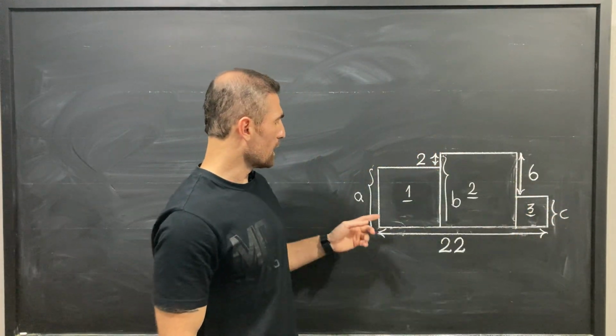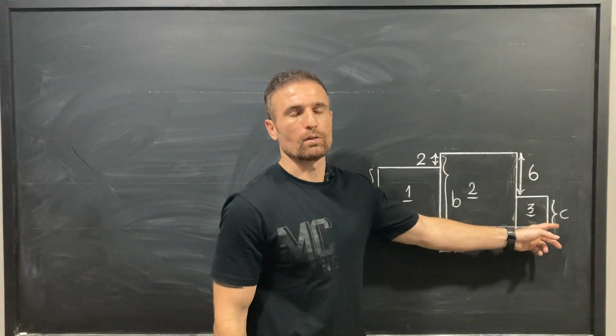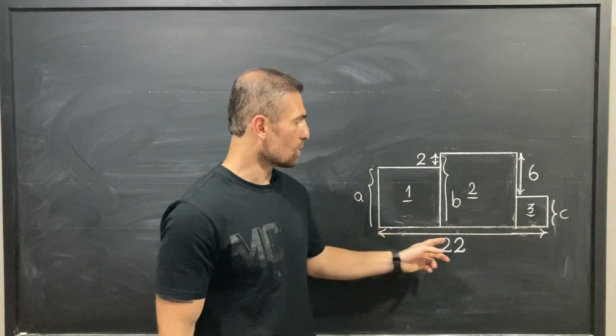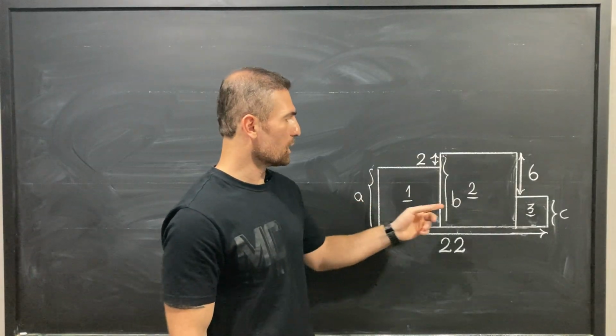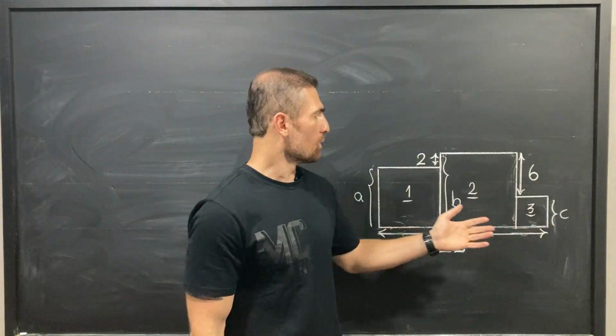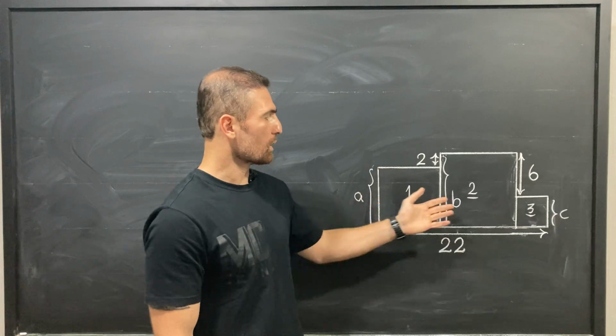If you find out the value of A, B, C, it will be very easy to calculate the area of this shape. But we don't have the length of A, B, and C. What should we do? We can find the connection between them.